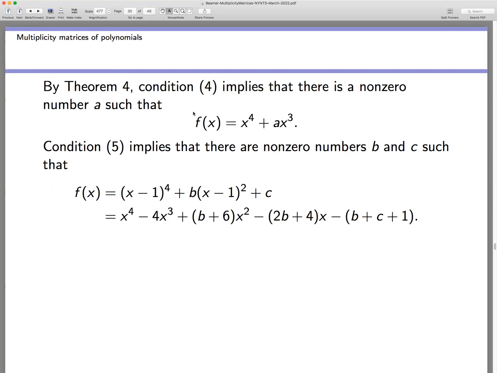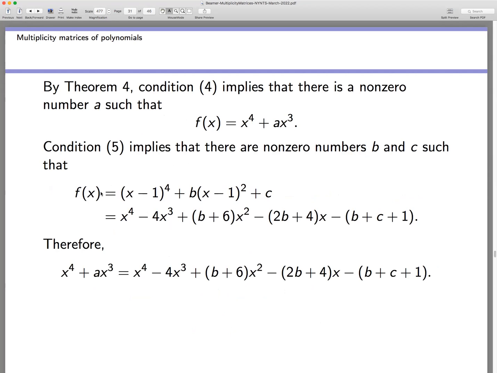So with respect to 0, the polynomial is x to the 4th plus a x cubed. And with respect to x minus 1, it's x minus 1 to the 4th, plus b times x minus 1 squared, plus c. And in the tour de force of high school algebra, I can even expand the 4th degree binomial, and I get this. So f of x equals f of x.